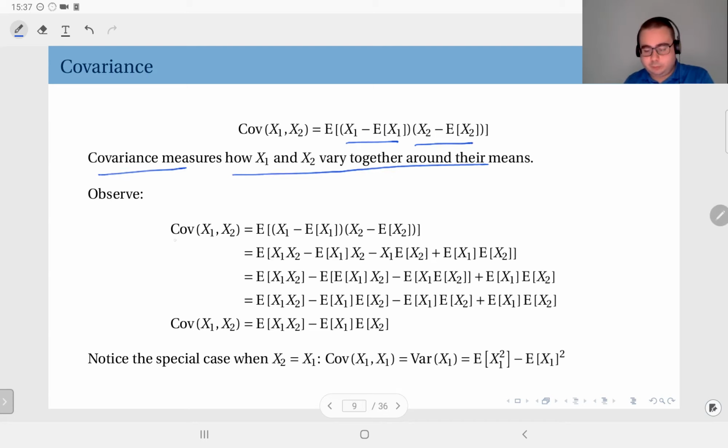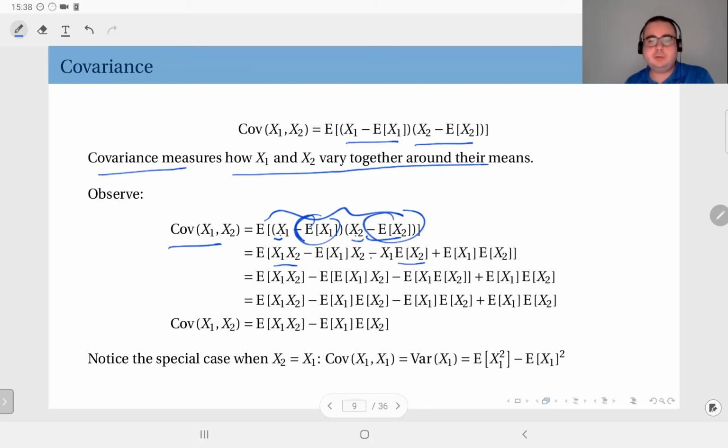Now observe this, when you start with the definition and expand this, you get the expected value of x1 times x2, minus x1 times the expectation of x2, and then you have these two terms, plus expected x1 times expected x2.